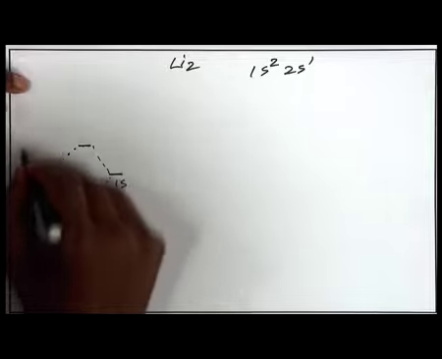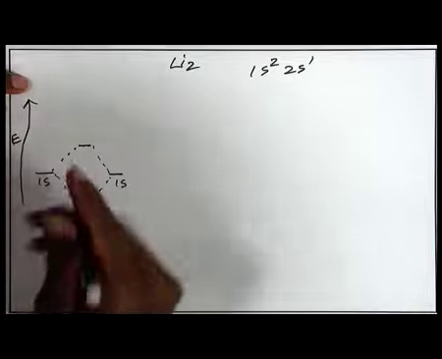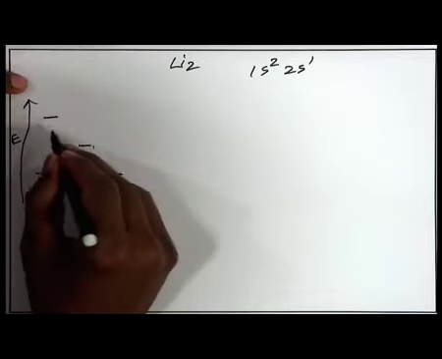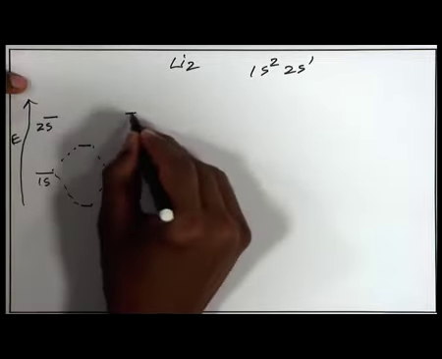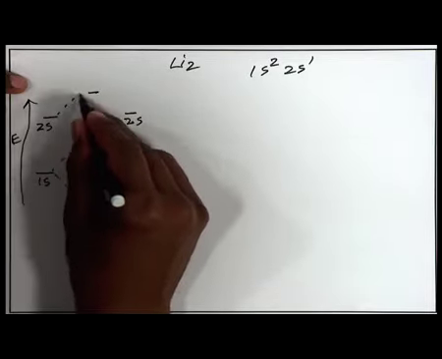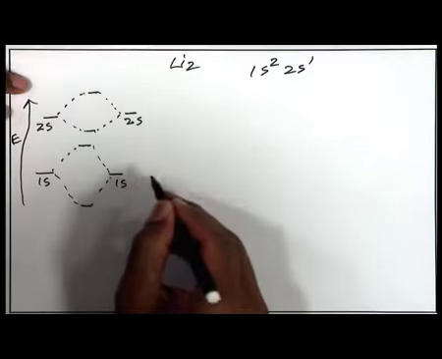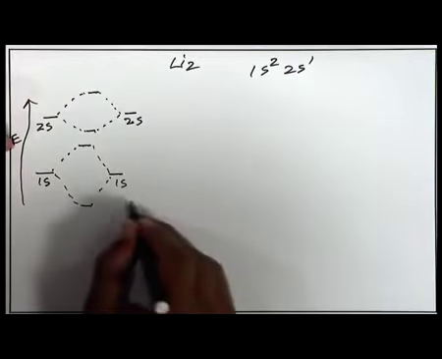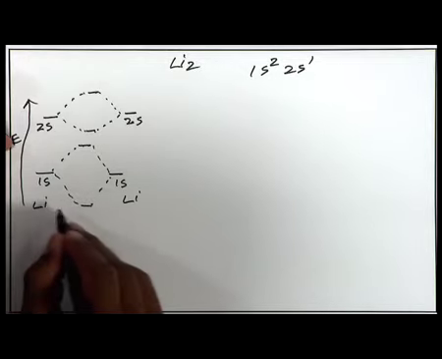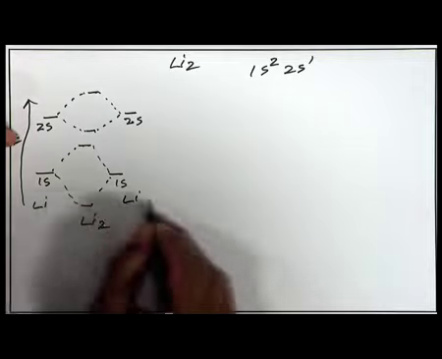Always remember, as you go up, energy increases. Then you have the 2s orbital, here is a 2s orbital, and there is a sigma bond and an antibonding orbital, and the interaction is shown as a dotted line. This is one lithium atom, this is another lithium atom, and the Li2 molecule is formed between them.